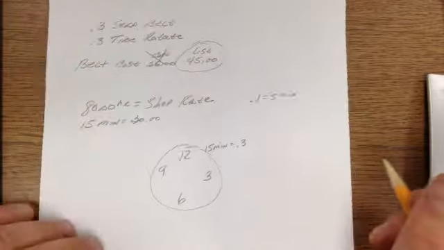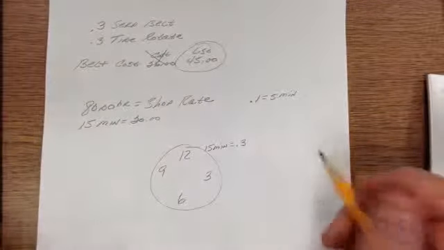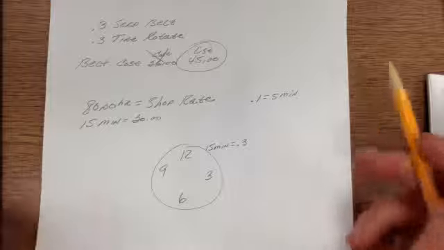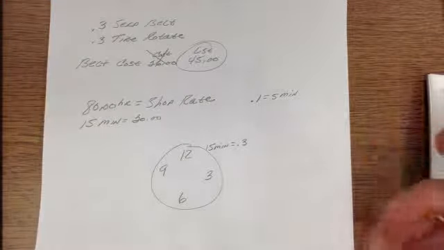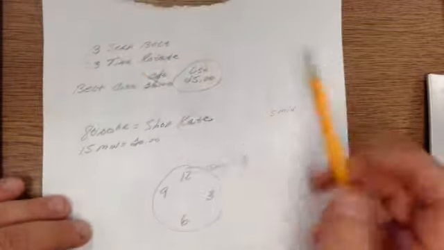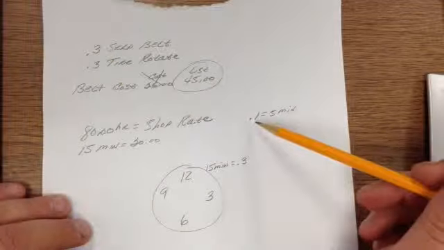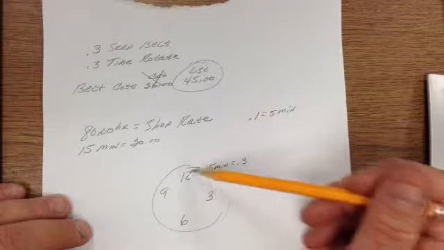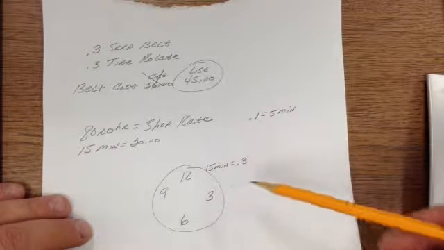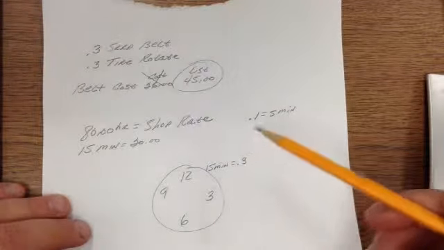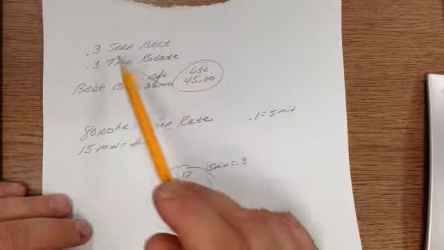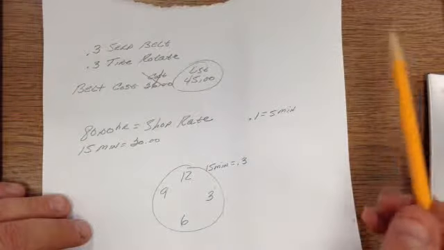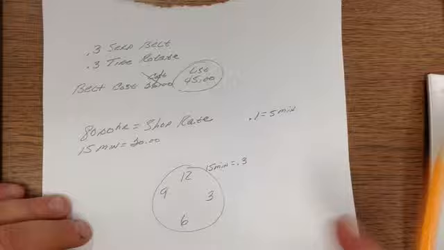So with that said, we can go ahead and add in our dollar amount for the labor on this job. If 0.1 equals 5 minutes, we have 5, 10, 15 minutes within this fourth of our clock. So 0.3 is 15 minutes, and 15 minutes equals $20.